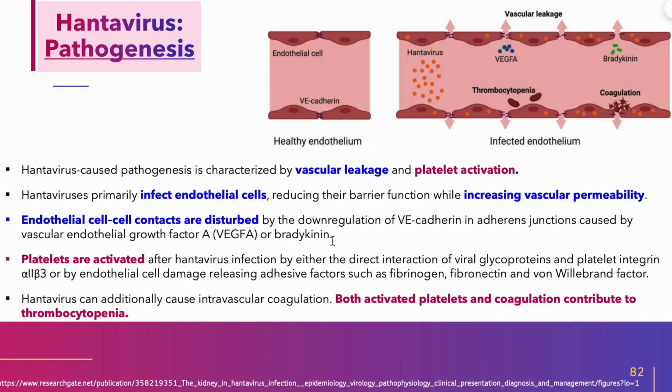It can also activate platelets by using the viral glycoprotein to attach directly to platelet integrin alpha 2 beta 3 or endothelial cells, causing damage and the release of fibrinogen, fibronectin and von Willebrand factor.